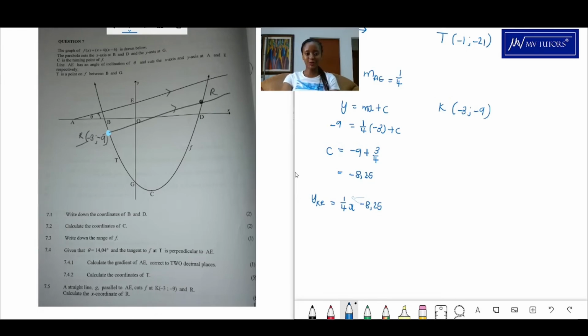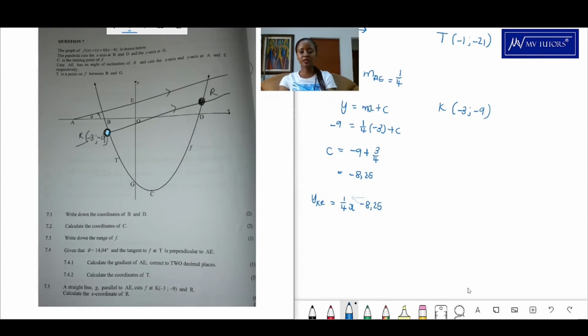What we can do is equate that to the parabolic equation. We can equate that one to the straight line, because we have those common points, right? So we have R there, we have K there, so they intersect there, so we can make both equations equal.